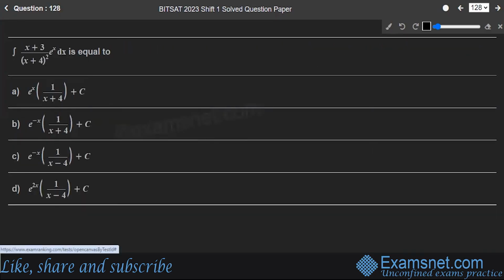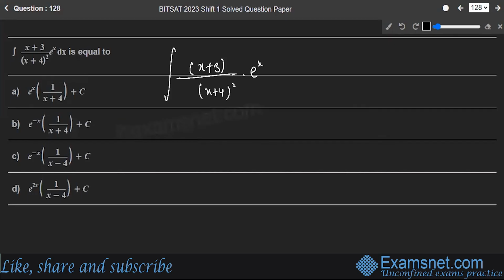So you have to find out this integral. All right, let's write it down: the integral of (x+3)/(x+4)^2 into e^x dx. So I can write it like this: x + 4 minus 1 upon this, dx.